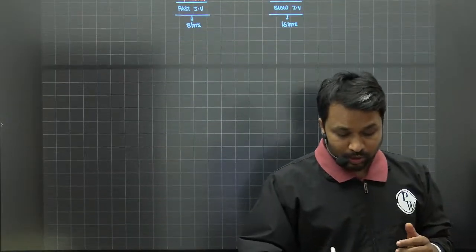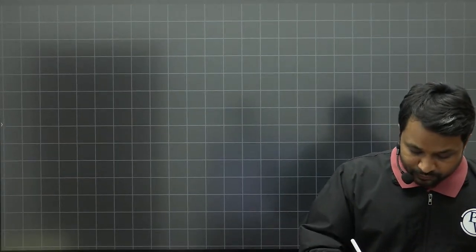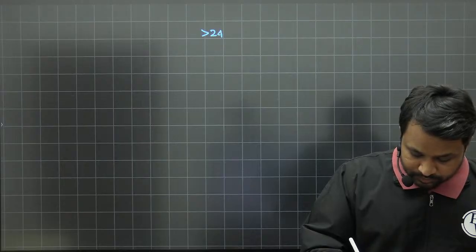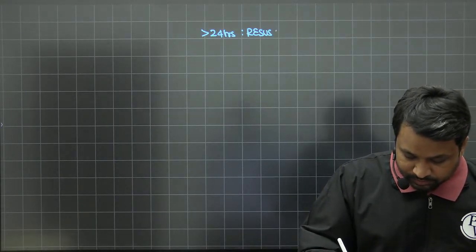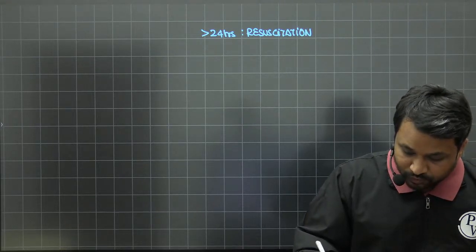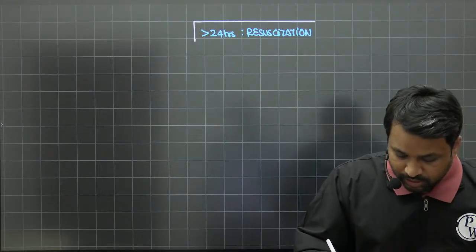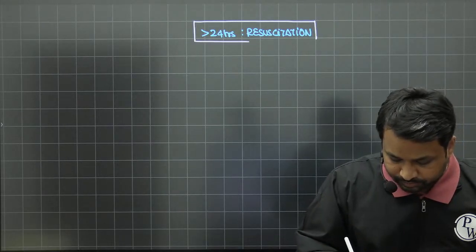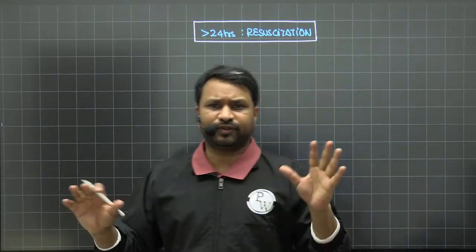So how do you take it after 24 hours, right? After 24 hours of resuscitation, we see whether the patient is stable or unstable. Right? So post 24 hours, there are a lot of ifs and buts in there.